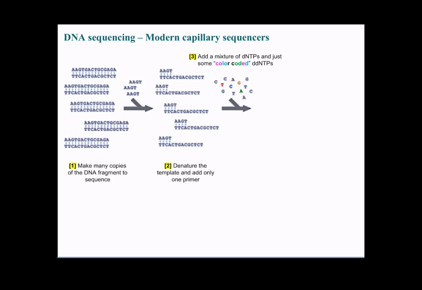And then, here's the trick, the more modern trick. Instead of dividing the reaction into 4 separate tubes, and to each tube add one of these weird dideoxy letters, what you do is you add a mixture of all 4 of these dideoxy letters, except that they've been chemically modified. Here's where modernity comes in.